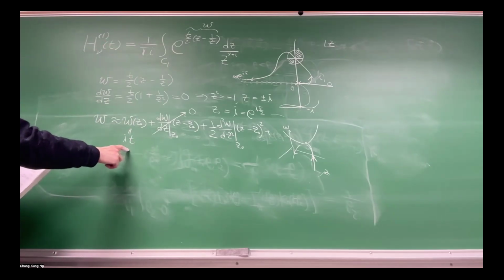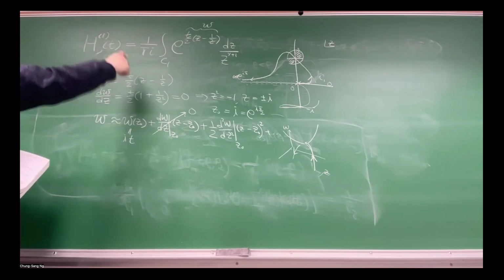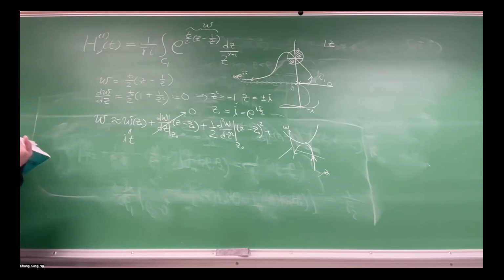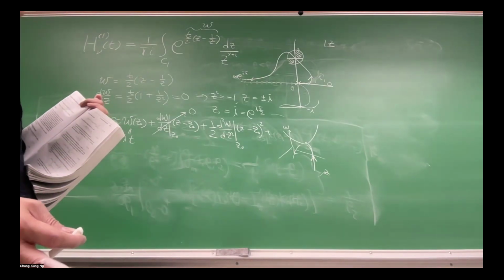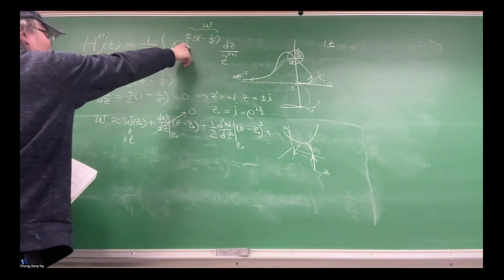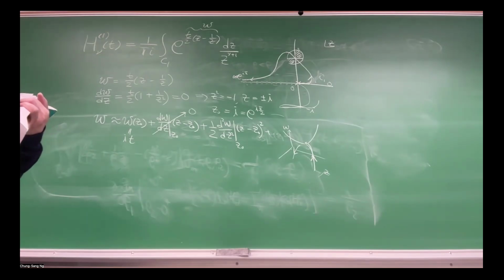So before you do anything else, you now know the most important leading order asymptotic behavior of this H1 is exponential it. Once you figure out the saddle point and evaluate the argument at the saddle point, you know this is the most important contribution.